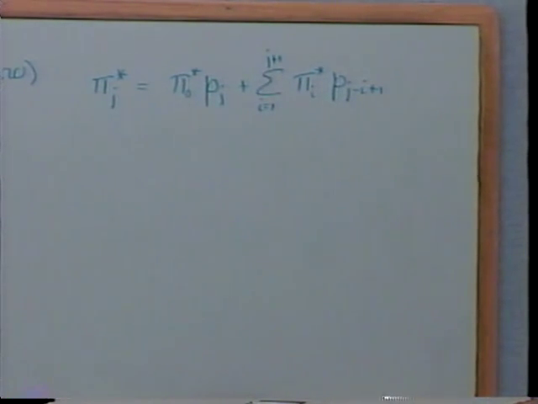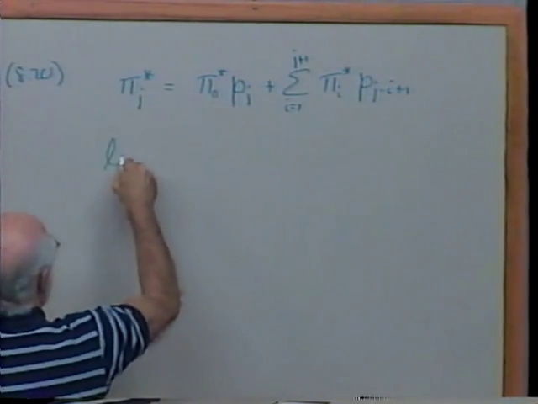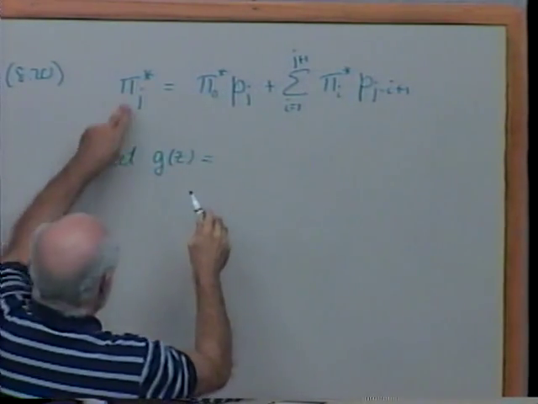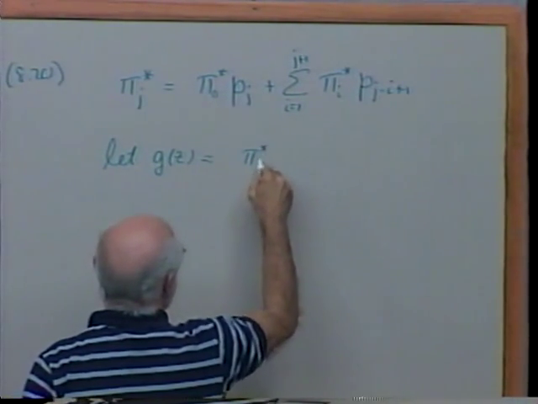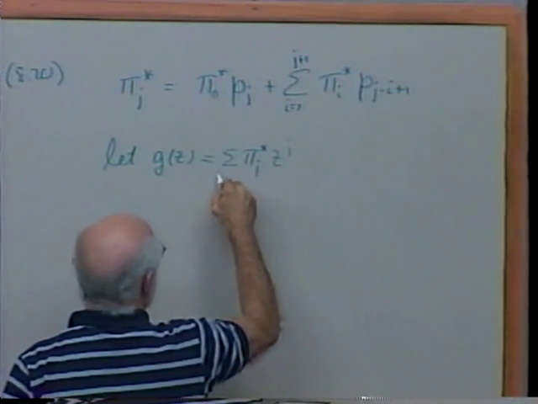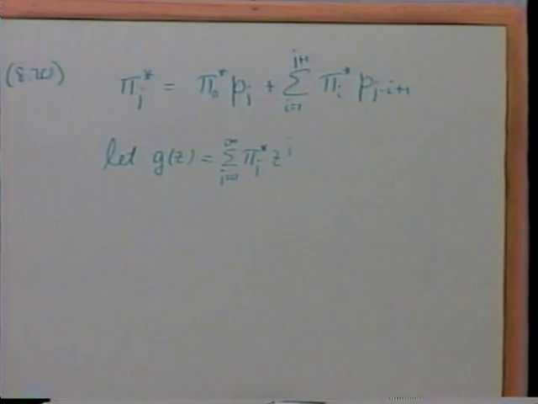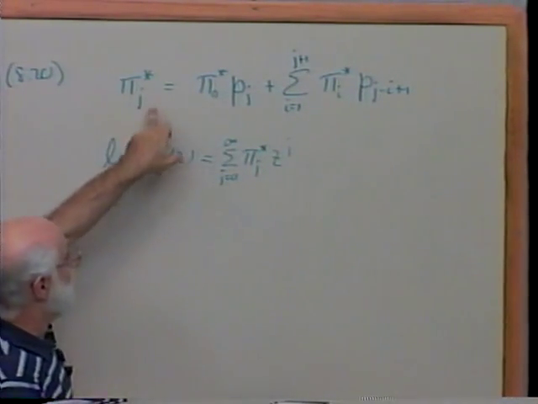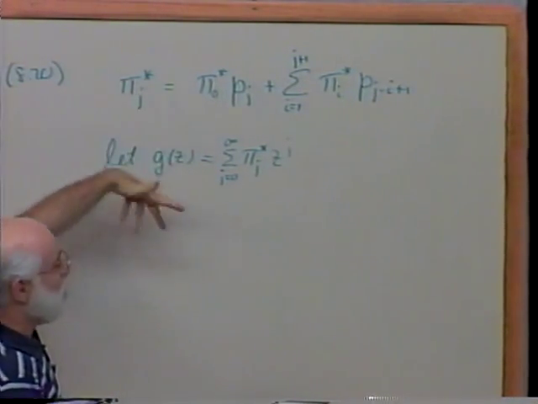Now comes the other stuff that we prepared for in the course. I'm going to define g of z, the generating function of these pi stars. So it's pi star j, z to the j, summed as j runs from 0 to infinity. And the strategy is simple. I'll multiply through by z to the j, sum both sides, and then do some manipulation.